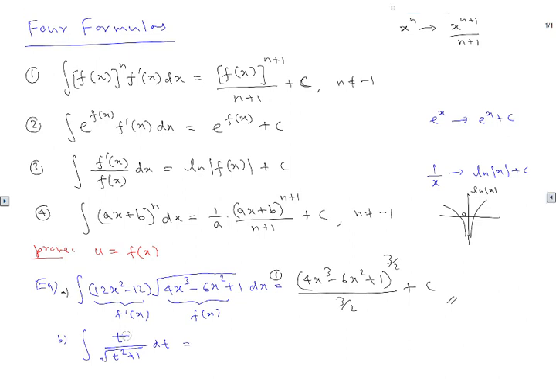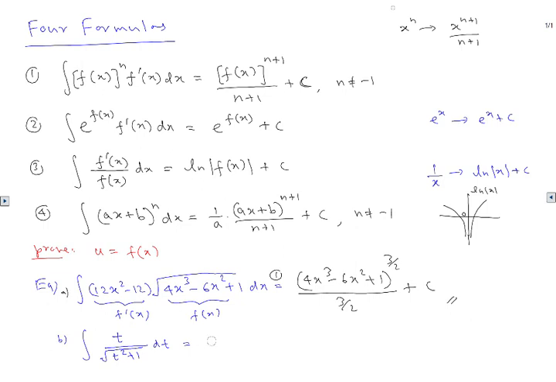So how to do it? What is the inside function here? The inside function is t squared plus 1, or f(x) equals t squared plus 1. What's the derivative? 2t. So the 2 is missing, but that's okay.